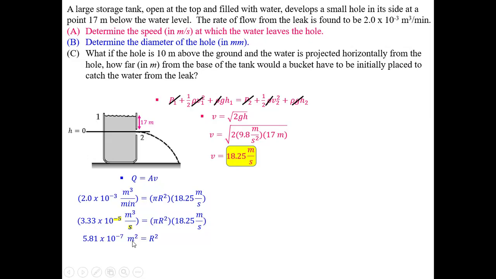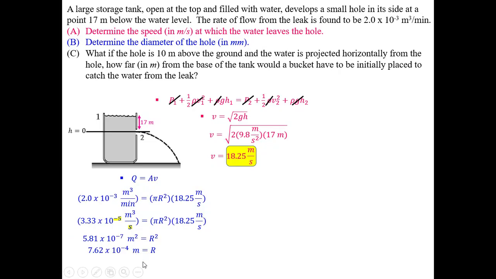The unit here is meters squared, because meters cubed on the left side and meters on the right side means one of the meters cancels out. If you take the square root of both sides to get r, you'll get a value of 7.62 times 10 to the -4 meters.